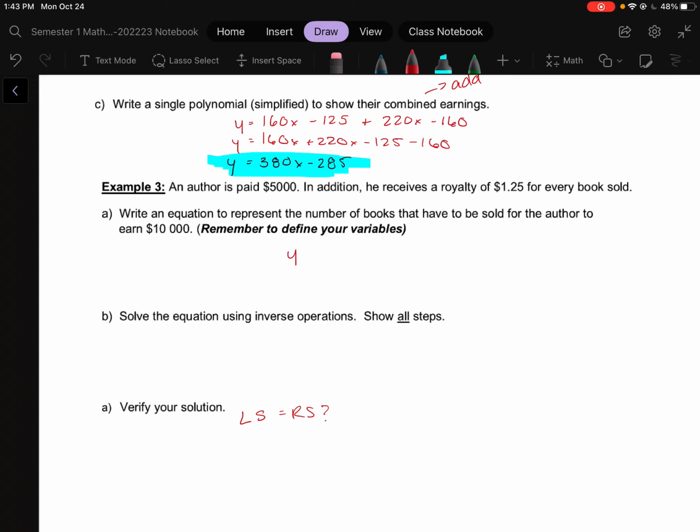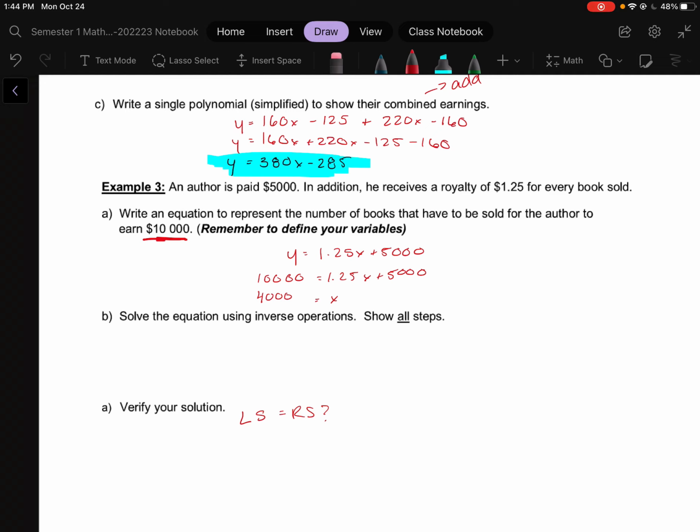Okay, so defining our variables, you should have defined them already, but our expression is 1.25x plus 5,000. I'm not going to write all of the steps out, but in this situation, we want to see 10,000 earnings, so the 10,000 goes on the one side. And then x is going to be equal to 4,000.